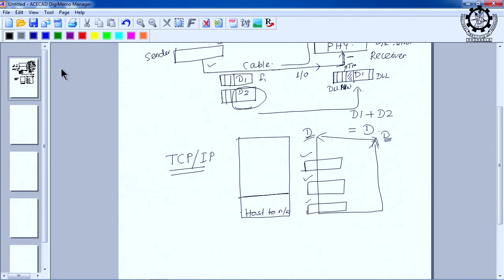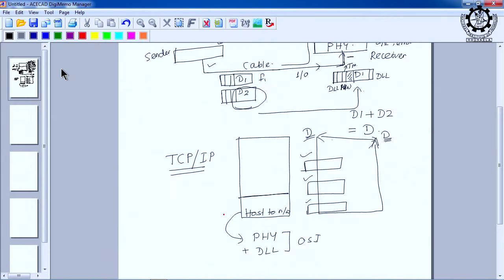This layer, we assume, is a combination of the physical layer and the data link layer in case of OSI. It does the same job that the physical layer and the data link layer of the OSI reference model do, the same job is done by the single host to network layer in the TCP/IP reference model.